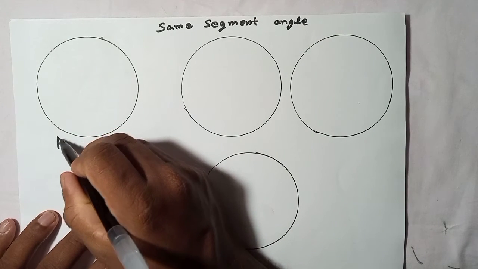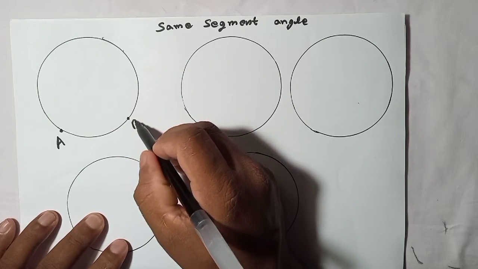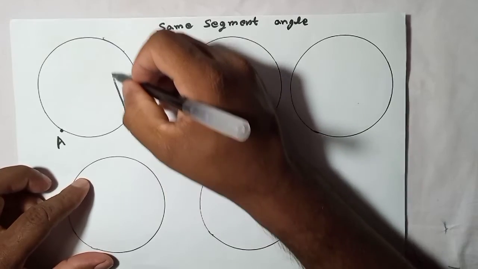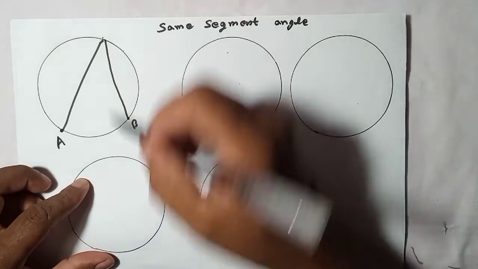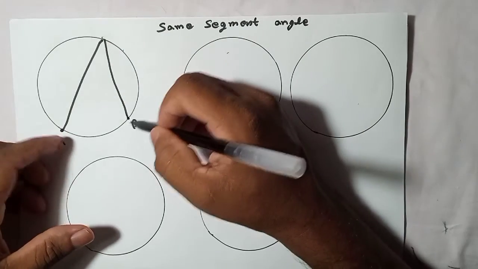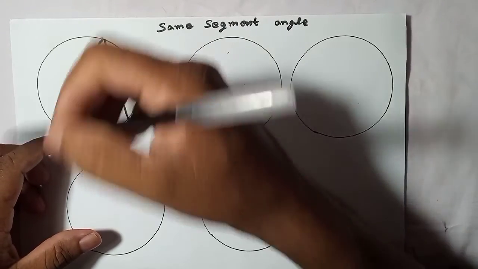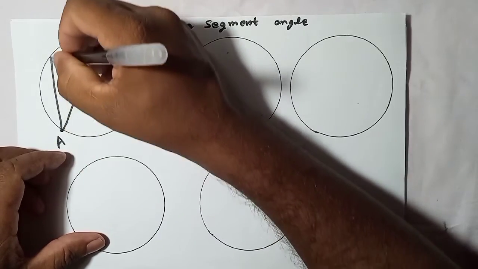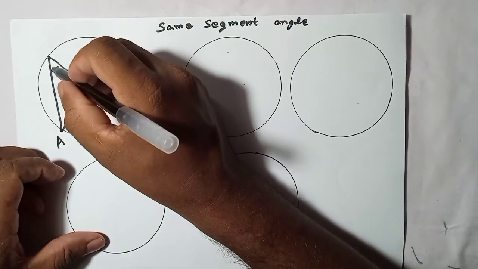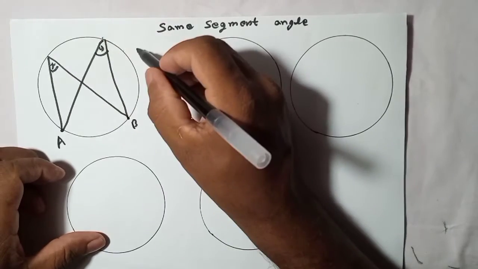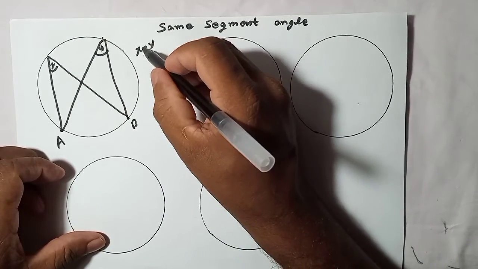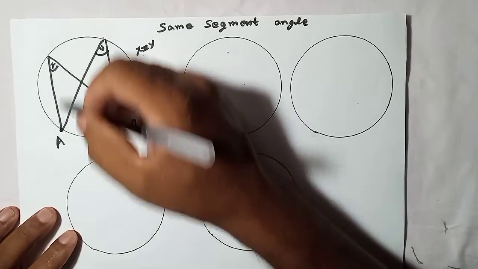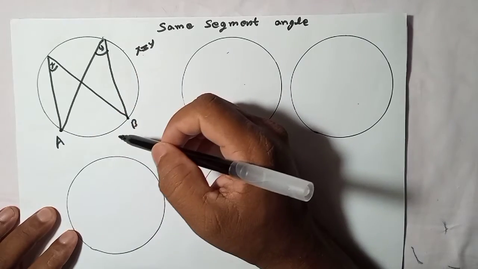If we consider two places, A and B, on the circle, and from these two places you make an angle at the circumference, this angle starts from A and B. Another angle must also start from A and B. Now call this angle x and this angle y. X and y are equal, and try to understand clearly why: x starts from A and B, y also starts from A and B.